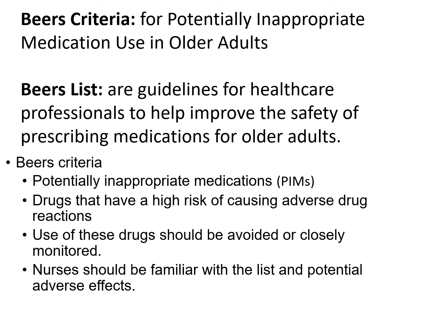And the list is updated so that healthcare professionals and nurses are familiar with the list. I don't think you need to know the list, but as we go through pharmacology, it'll become obvious that there's certain medications that are just not appropriate for older people because they're too sedating, or they put the patient at risk for falls. So just keep it in mind as a concept.